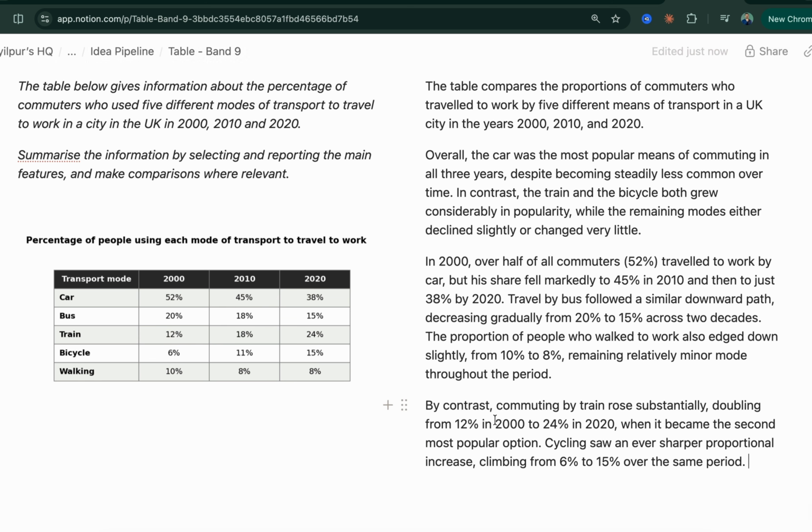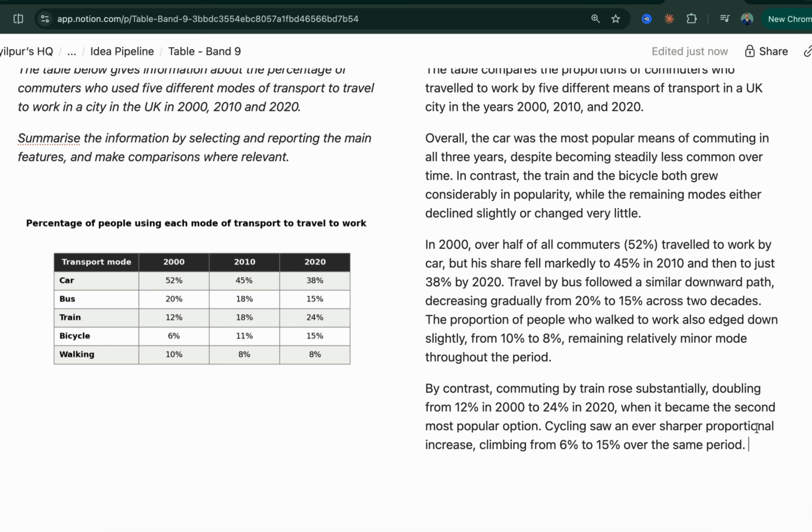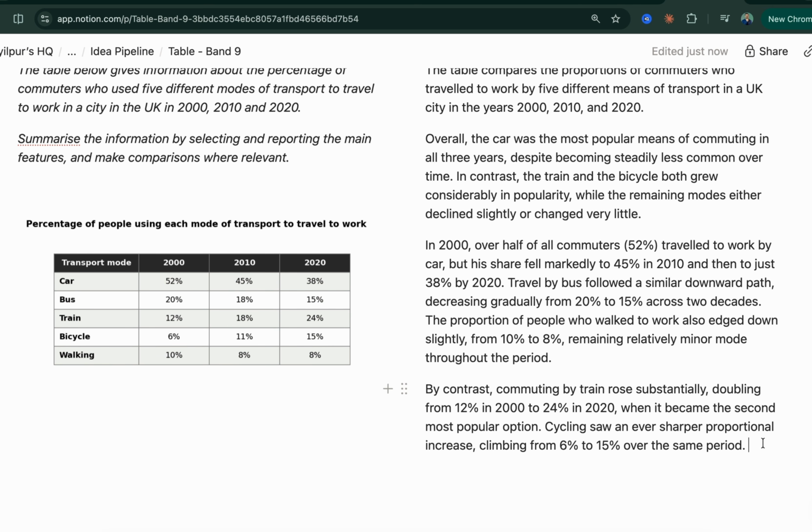So I'm done with cycling, because from 6 to 15, this is an increase, and this is a similar pattern to train. And my second sentence also stays under the umbrella of the central idea of my paragraph, which is about the increase in modes of transport.